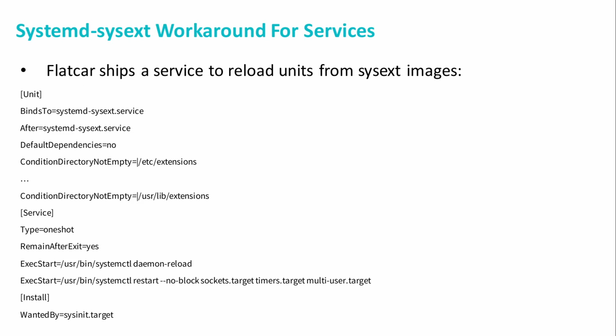Restarting them actually just means that the dependencies are getting re-evaluated. So inside your sysext image, you have a symlink that you set up from, for example, the multi-user.target.wants folder in /usr/lib. You point to your service unit with the symlink, and then this restart makes sure that your service gets started then.